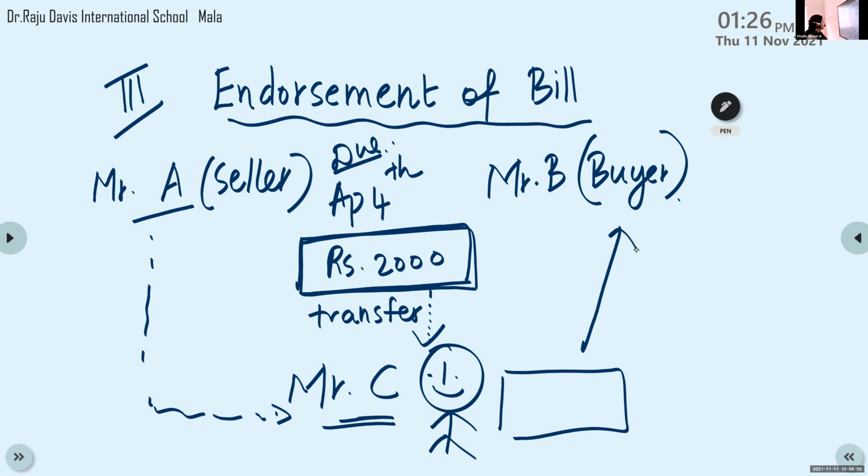I repeat again. Mr. A and Mr. B. Mr. A has sold goods to Mr. B on credit. So what happens? Mr. B should be making payment to A. It is for that Mr. A has drawn a bill.